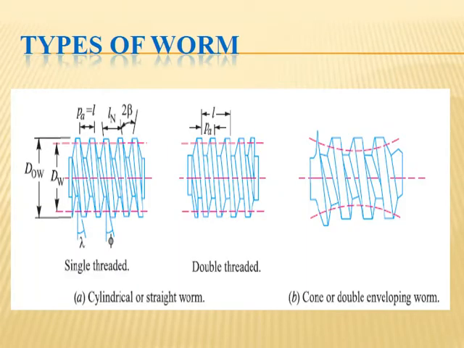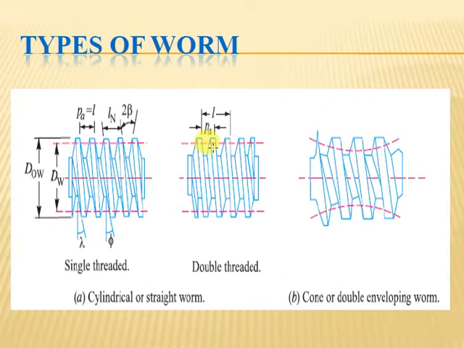Now, in this slide, we will discuss the types of worm used in a worm gear drive. Here, in the first one, A, a cylindrical or straight worm is shown. Here it is completely straight. There is no concave surface or conical surface.